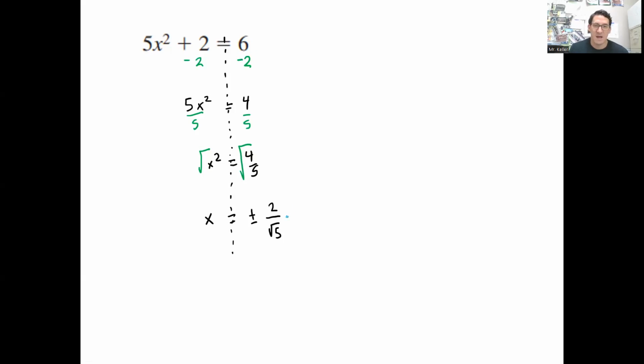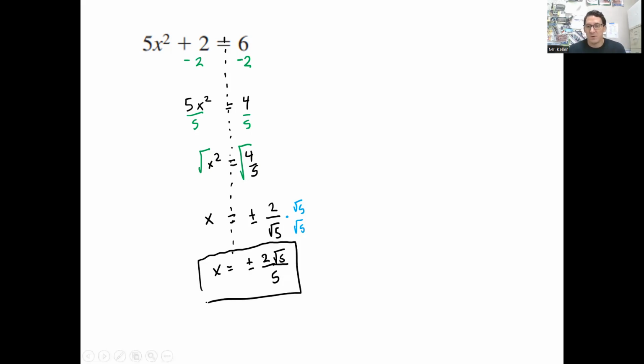To rationalize the denominator here, all I need to do is multiply top and bottom by the square root of 5. I'm going to get x equal to plus or minus 2 times root 5 over, on the bottom, root 5 times root 5 is just 5. So plus or minus 2 root 5 over 5. And that will do it for this time.